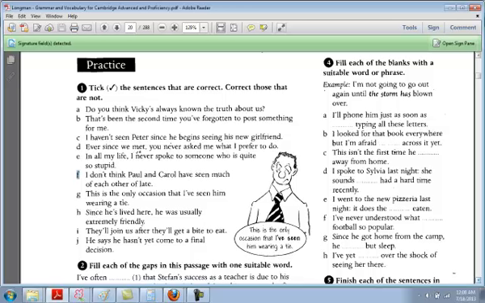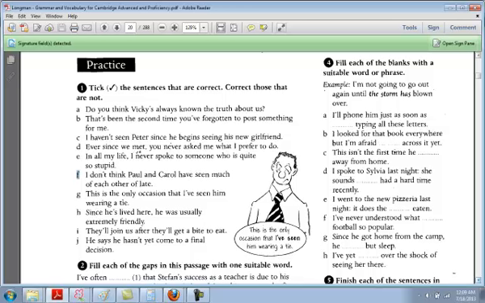Yes. Since he's lived here, he was usually extremely friendly. Well, I don't think that's correct. Since he's lived here, since he lives here, actually, maybe. He has been usually extremely friendly.